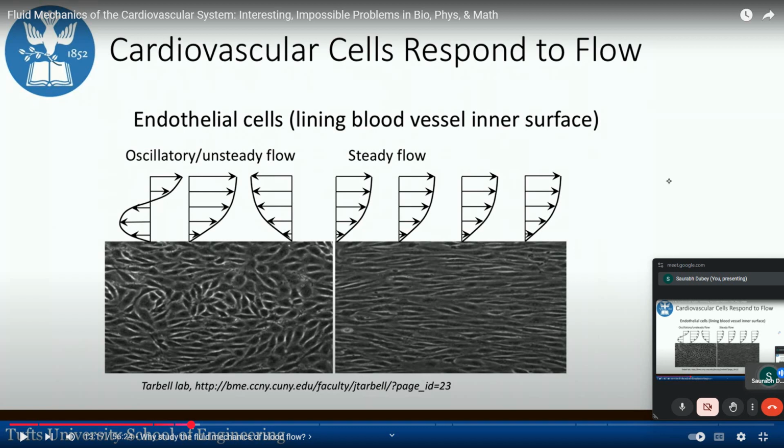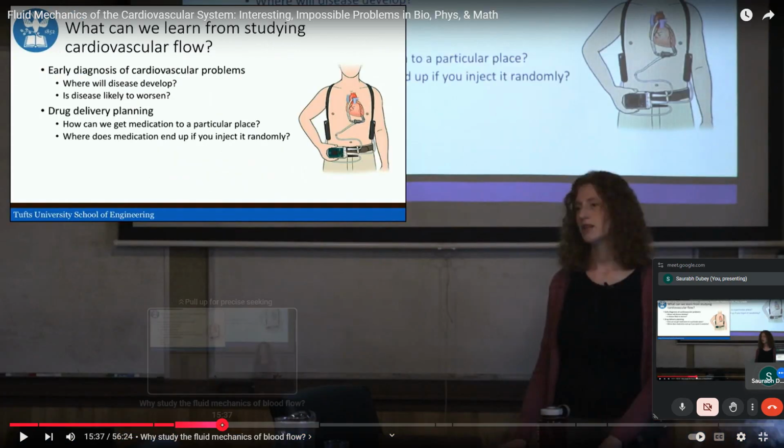So it proved that the endothelial cells, or the cellular walls, do affect the flow behavior, and the flow behavior also affects the arrangement of the cellular system, which keeps the entire system intact, right?